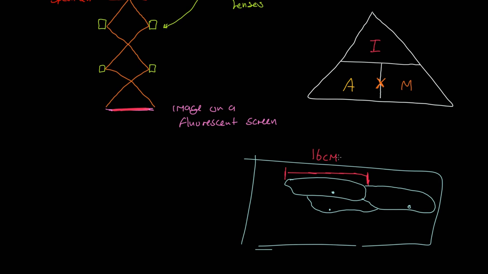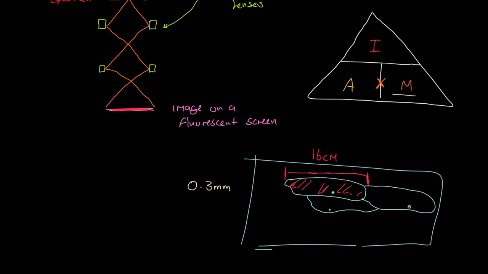And perhaps our question has told us that in reality, this cell here, which I'll kind of shade in red here, we've been told in our question that this cell, its actual size is 0.3 millimeters. And the question we therefore want to ask is, what is the magnification to get it up to a size of 16 centimeters? So how would we go about doing that?